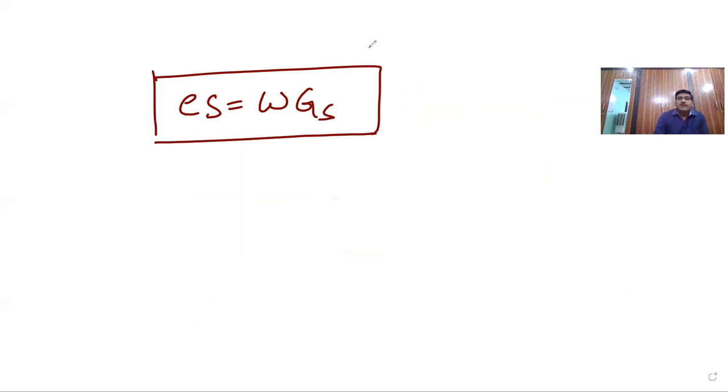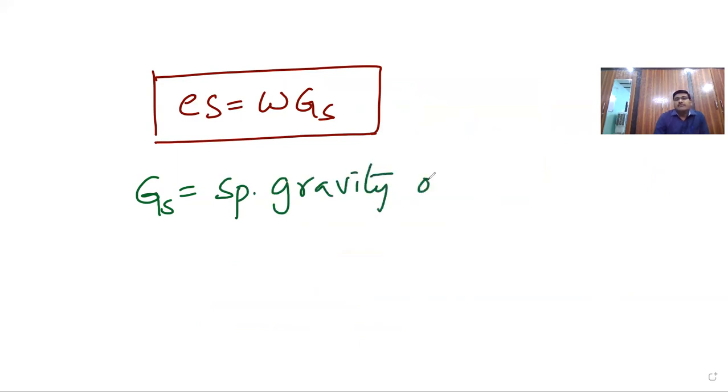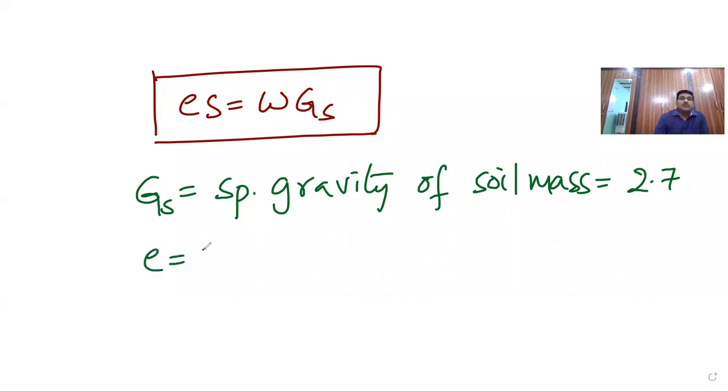According to the data, GS is specific gravity of soil mass. How much is it given? 2.7. And e is void ratio of soil mass. How much is it given? 0.945 given.